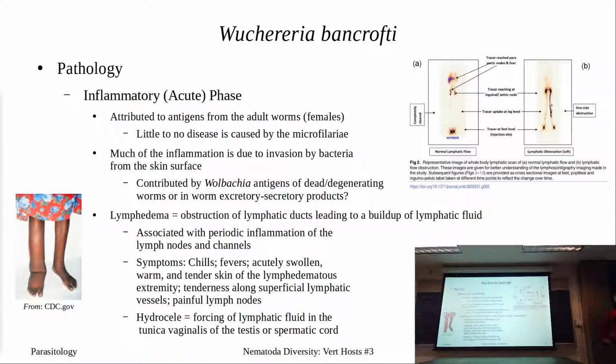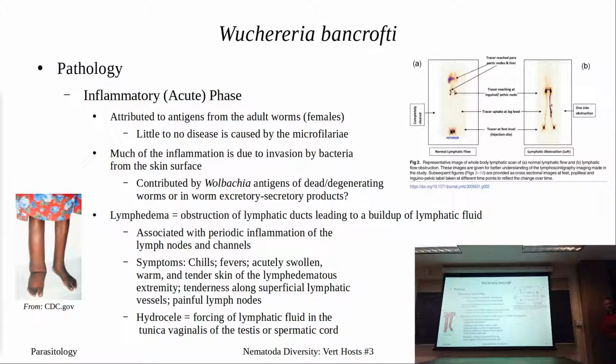So it doesn't seem to be only the worm or only the bacteria, it's probably both that are leading to this inflammatory response. The inflammatory response is in response not only to these antigens, but will also start to get some damage as the microfilaria burrow out of the lymphatic system and into the circulatory system.